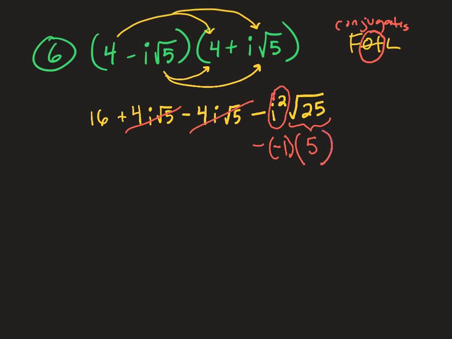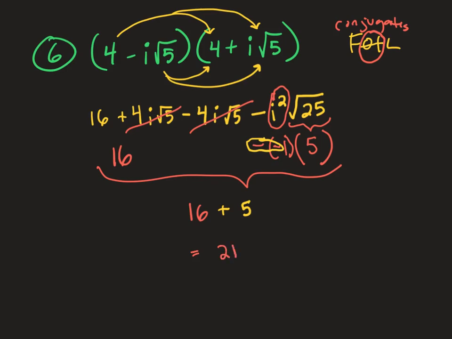So we've got the 16 out front. Bring all that together: 16, this minus minus just turns into a plus, so plus 1 times 5, which is just 5. And ultimately we end up with 21.